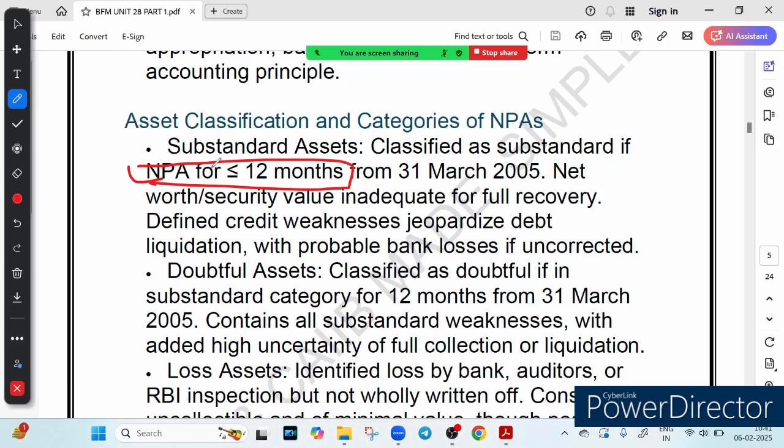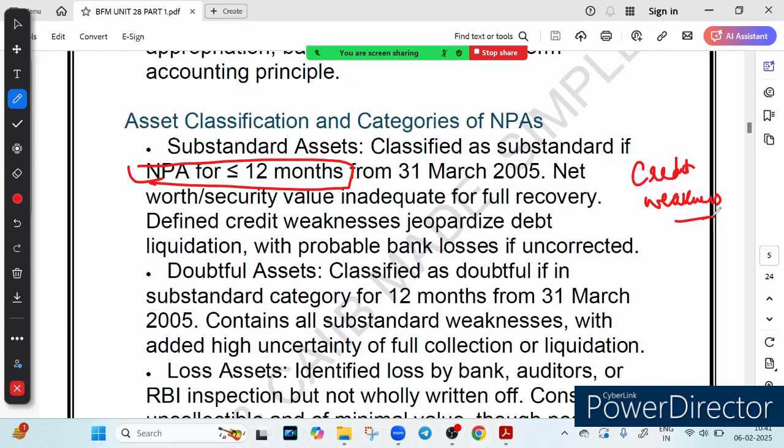But what does that mean? It means that the borrower is struggling and there are clear signs of credit weakness, right? The bank might not recover the full amount as the security or collateral is not enough.